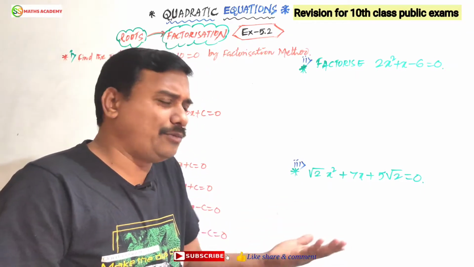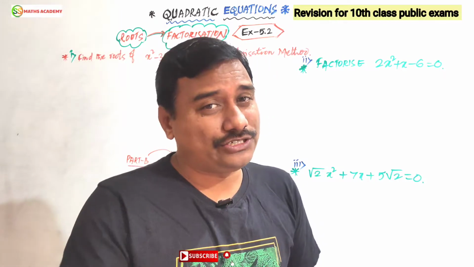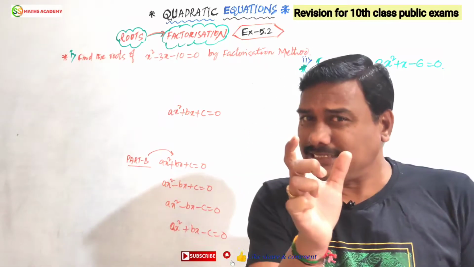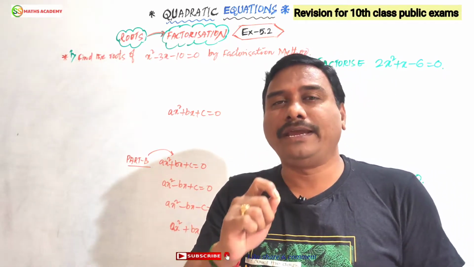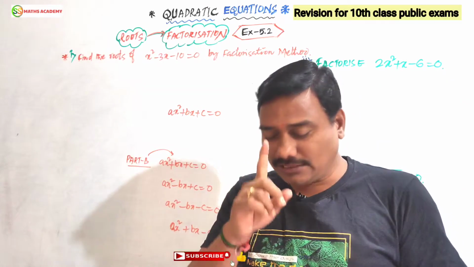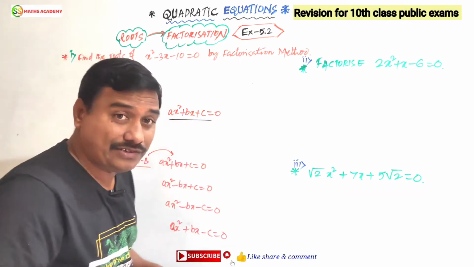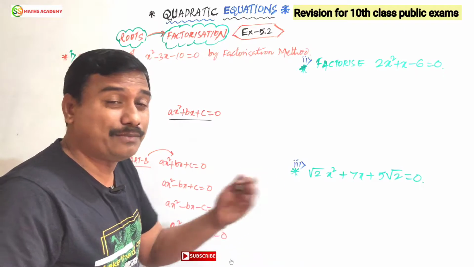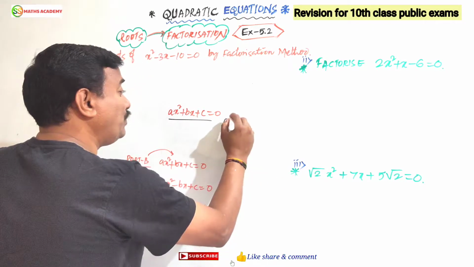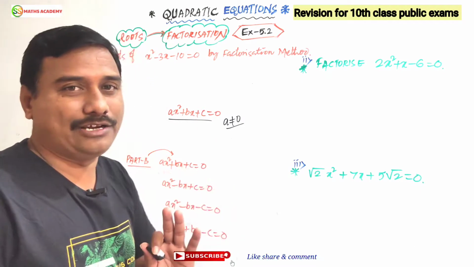Usually we know very well, ax square plus bx plus c equals 0. What is the main condition of a quadratic equation? Very important question. In the general form ax square plus bx plus c, a, b, c are real numbers, and the condition should be a is not equal to 0. Then it is called a quadratic equation.